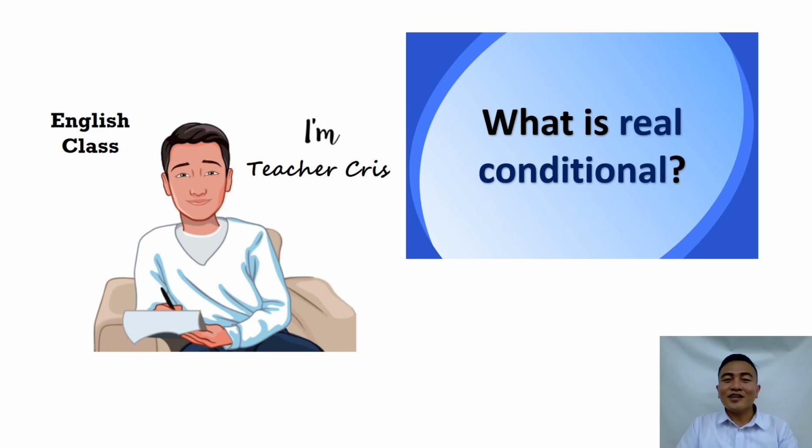Real conditional is often used when stating facts, general knowledge, habits, predictions, advice, or instructions. What is unreal conditional? Unreal conditional in the present or future expresses situations that are untrue, not possible, or imaginary in the present, and that probably will not happen in the future.